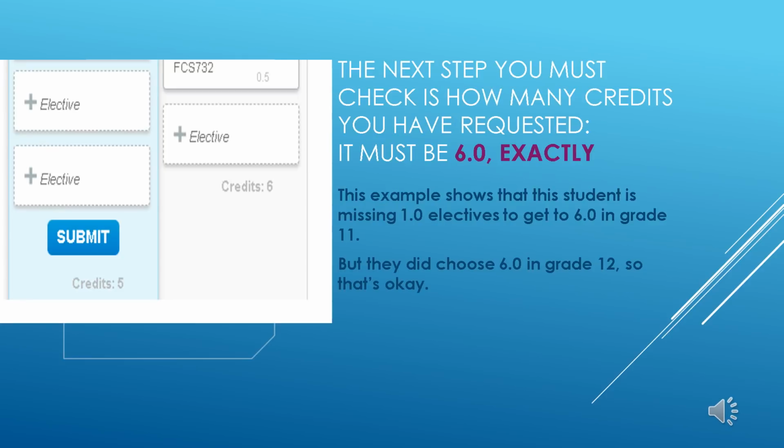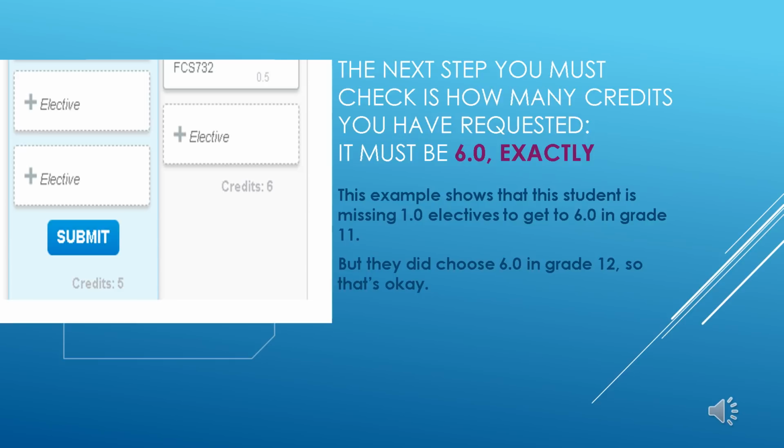The next thing you have to check is how many credits you have requested for grade 11 and how many credits for grade 12. You must select exactly 6.0 credits for each grade level. This example shows that this student needs 1.0 more elective credit for grade 11. They only have 5.0, but they do have 6.0 for grade 12.